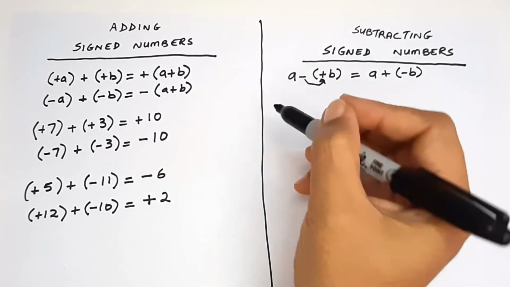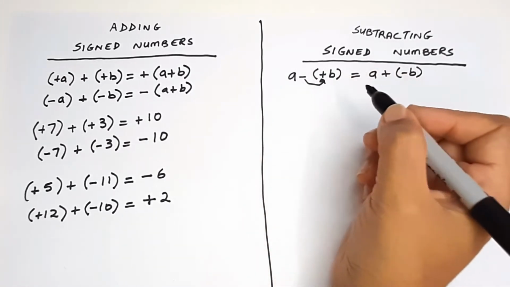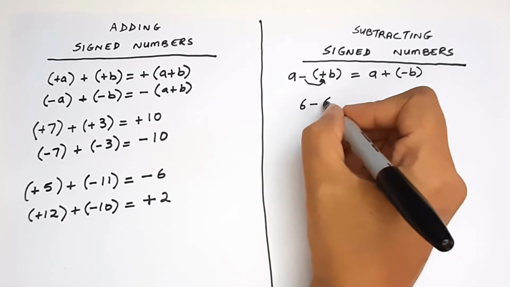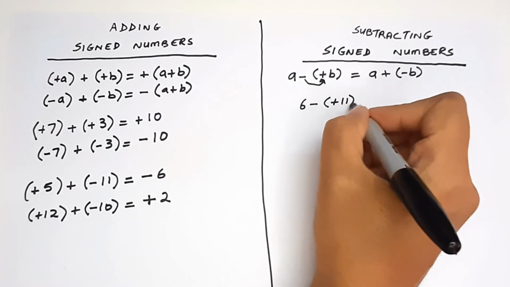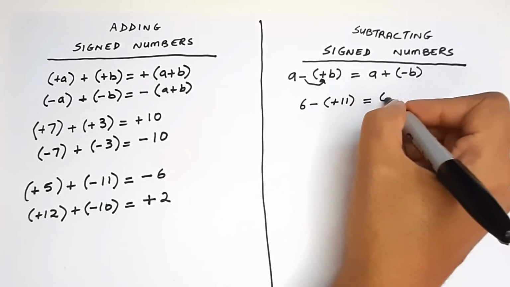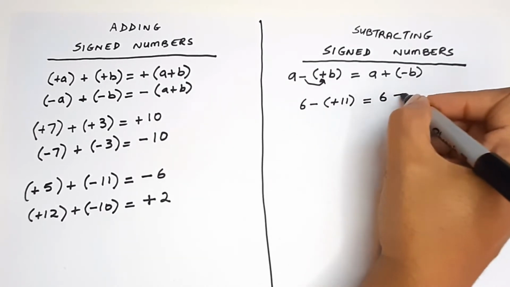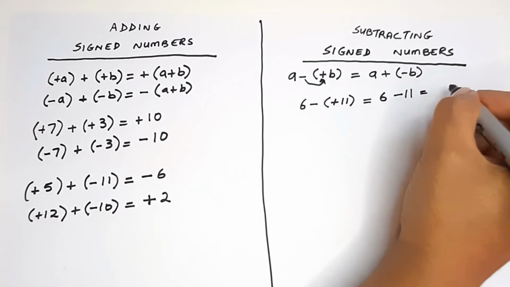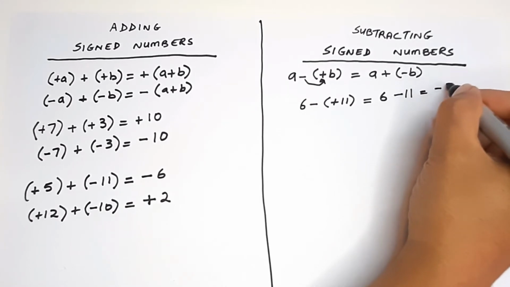Let's see an example for this. 6 minus positive 11 is actually just equal to 6 minus 11, which is negative 5.